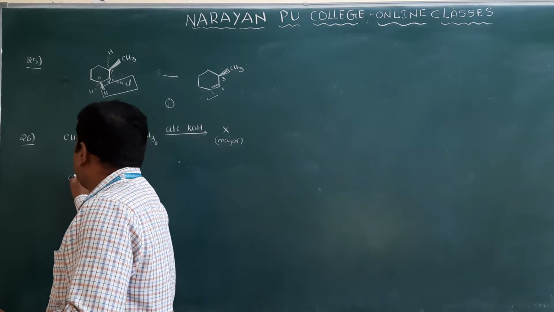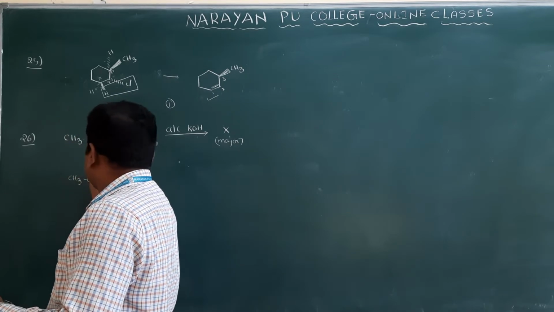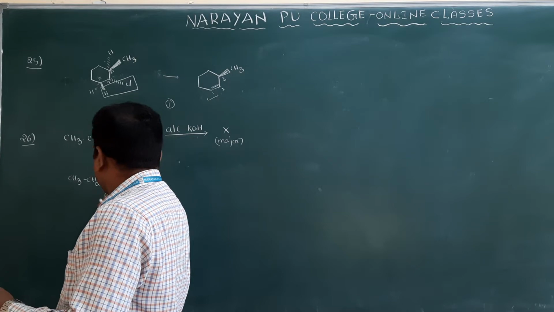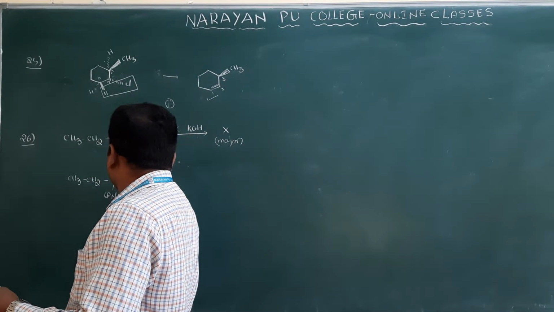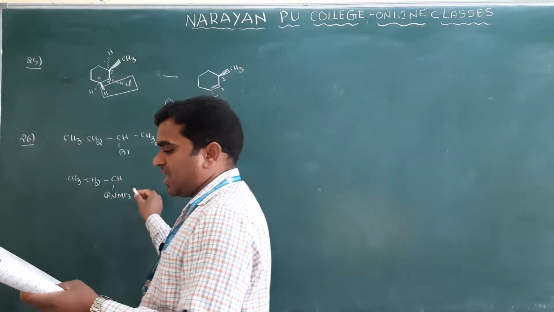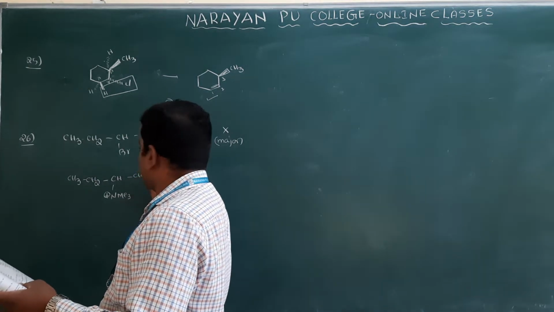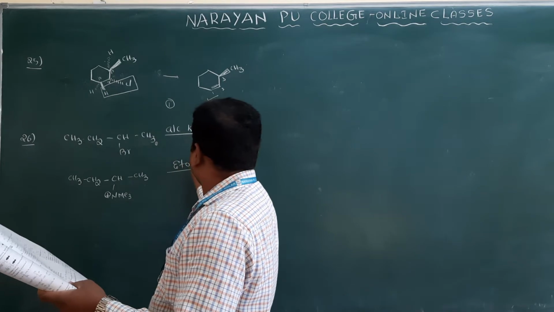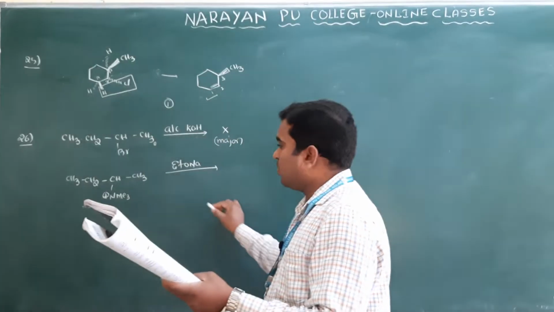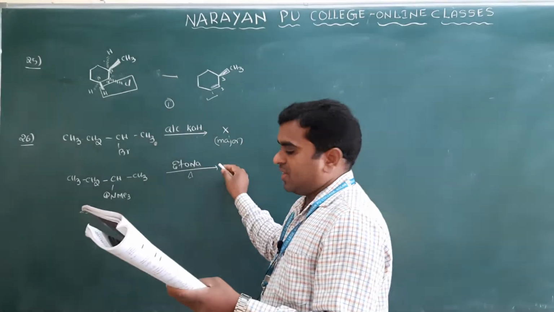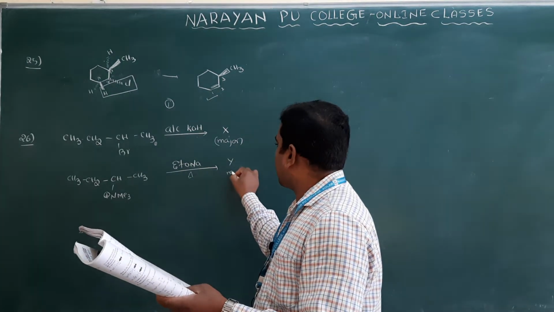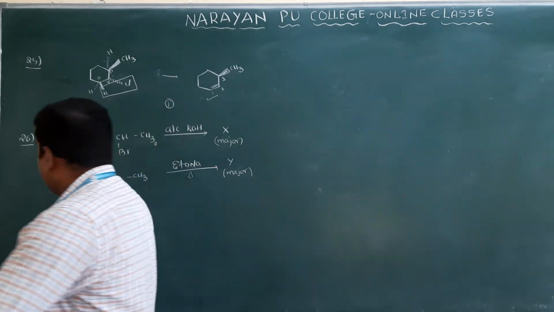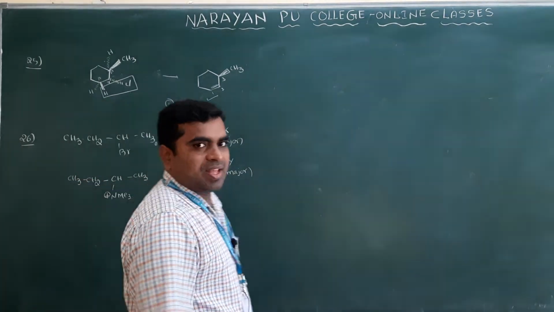Another one they have given is CH3CH2CH with N positive charge, with three methyl groups on the nitrogen, and here CH3. On the arrow they have given sodium ethoxide and heat, and Y is the major product. So what is X and what is Y? They are asking that question.